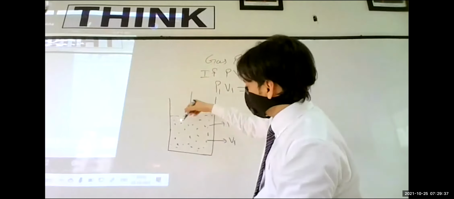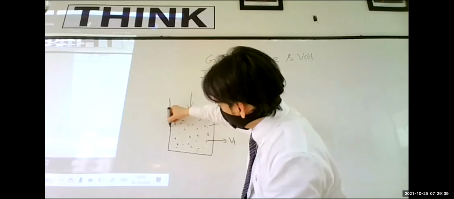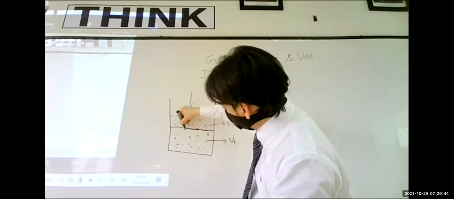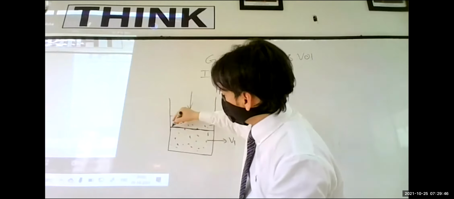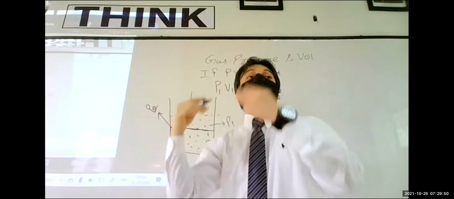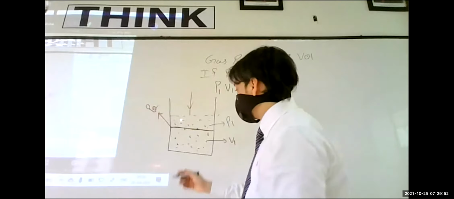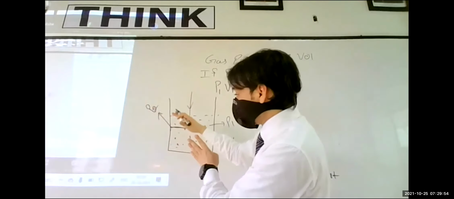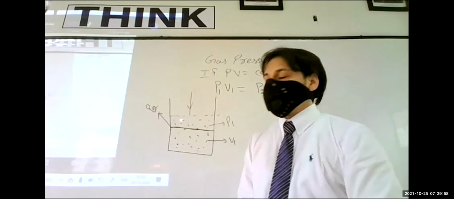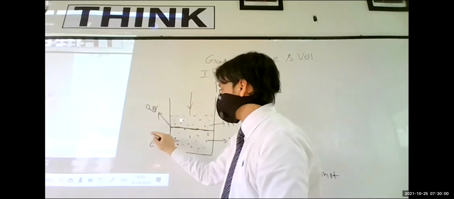Suppose when I pressed and this piston reached this point, the pressure is P2, so it will have a different pressure. And as you have seen, the volume has decreased because we have compressed it. Then the volume I can take is V2.